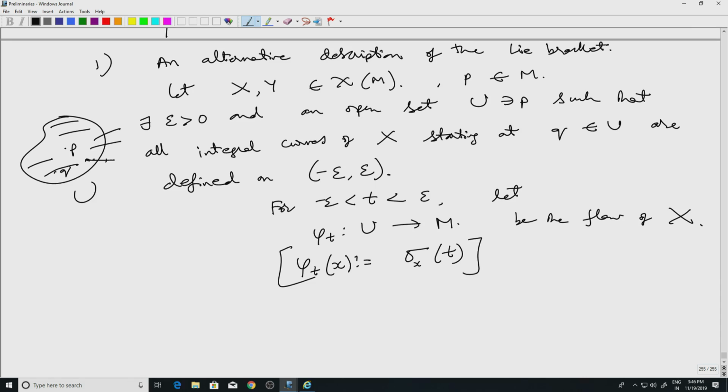Now we define the so-called Lie derivative. Define the Lie derivative of Y with respect to X. This is going to be another vector field on M by L_X Y at the point P equals limit.